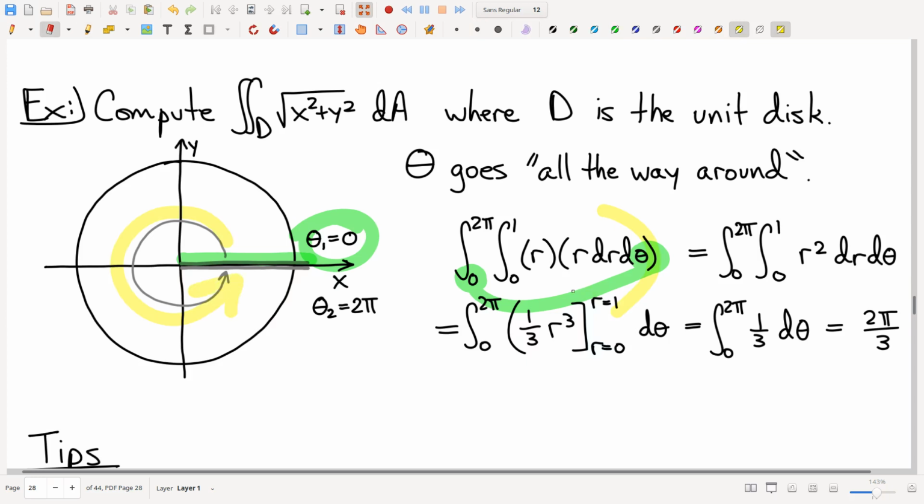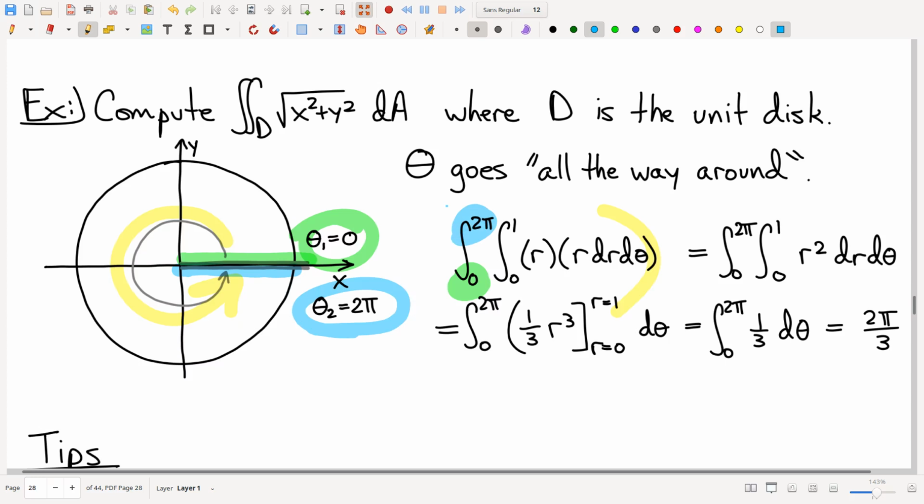Okay, so theta starts at 0. Theta then goes all the way around. Now I stop when I'm done tracing out my solid. I stop, therefore, when I get a full turn around. That's where theta has now grown up to 2 pi. And so I end with theta equal to 2 pi.